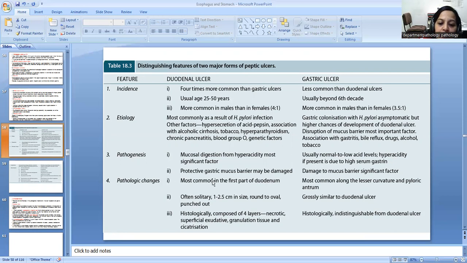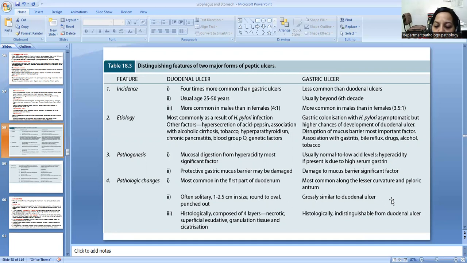We see the pathogenesis of duodenal ulcer. There is mucosal digestion from hyperacidity, the most important factor, and the protective gastric mucus barrier may be damaged. In pathological changes, this is most common in the first part of the duodenum, and is often solitary, 1 to 2.5 centimeters in size, round to oval, and punched out.